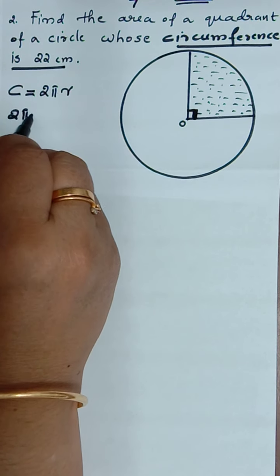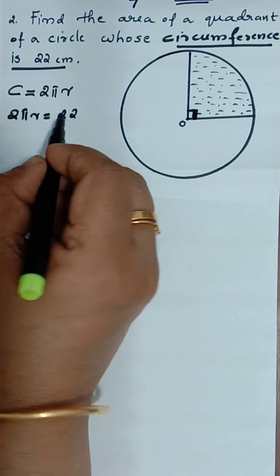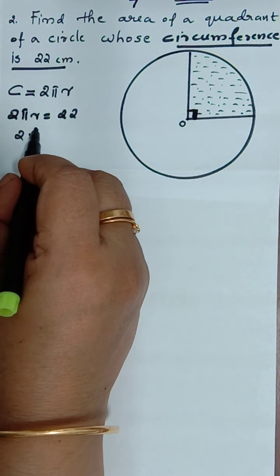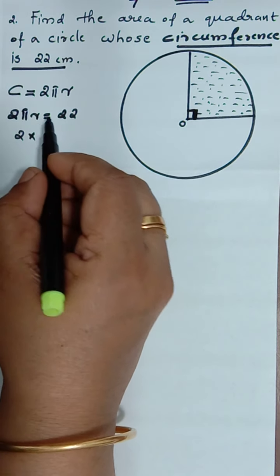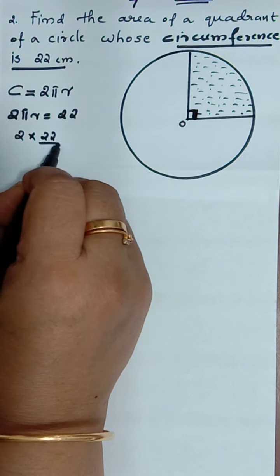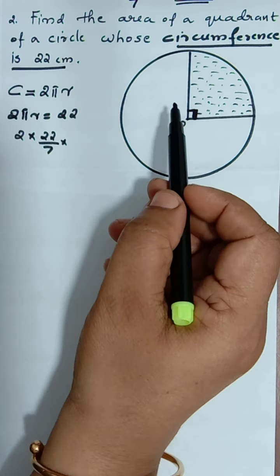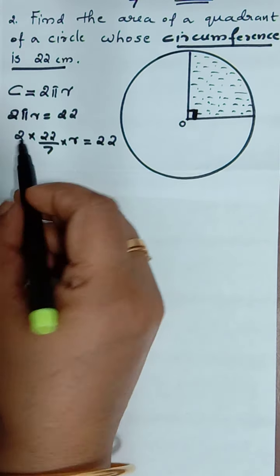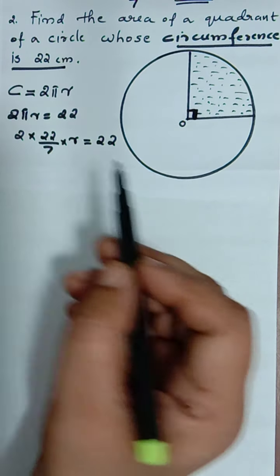2 pi r is equal to 22. That is 2 into 22 by 7 we will be using. So that we will get easily. 22 by 7 into radius is to be found out. That is equal to 22. 2 pi r equal to 22.